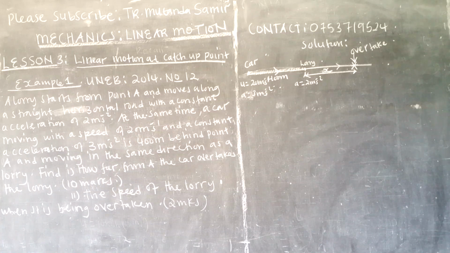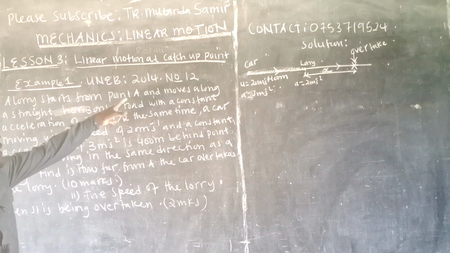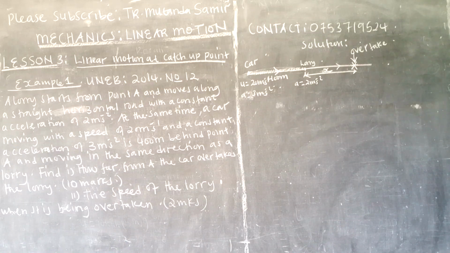A lorry starts from point A and moves along a horizontal road with a constant acceleration. I think we have not left out anything.